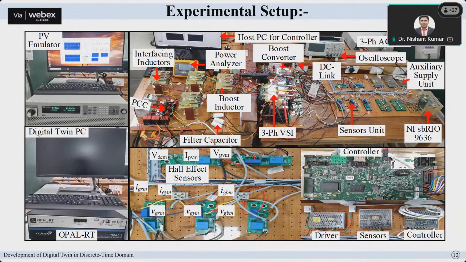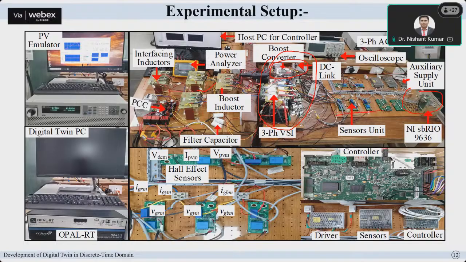In this experiment, this is the hardware setup we have used here, so you can see that. Here we have different interfacing inductors. This is actually the converter. What converter are we using here? This one, the three-phase VSC, and this is a single small boost converter also. Then we are using a National Instruments controller board for processing and maybe pulse generation.